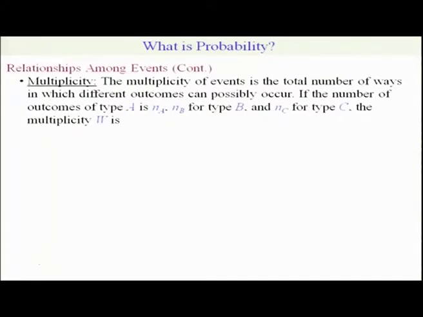Now, making use of this relation, we can also define the multiplicity. The multiplicity of events is the total number of ways in which the different outcomes can possibly occur.